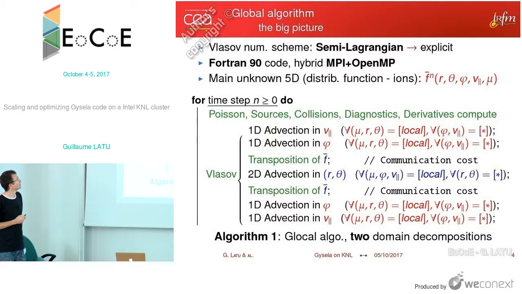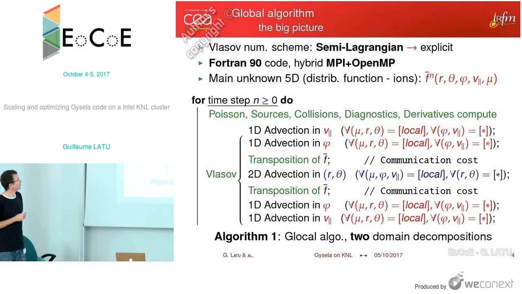It is a Fortran 90 code with MPI and OpenMP in it. And we have mainly the distribution function as main unknown here, f, that depends on r, theta, and phi, the variables that describe the torus, and v parallel and mu, which are the velocity variables.